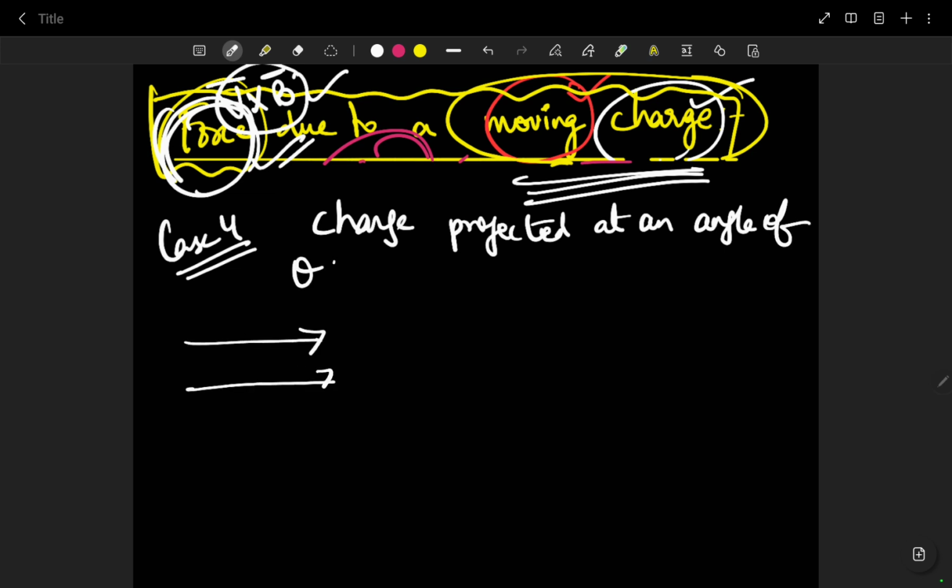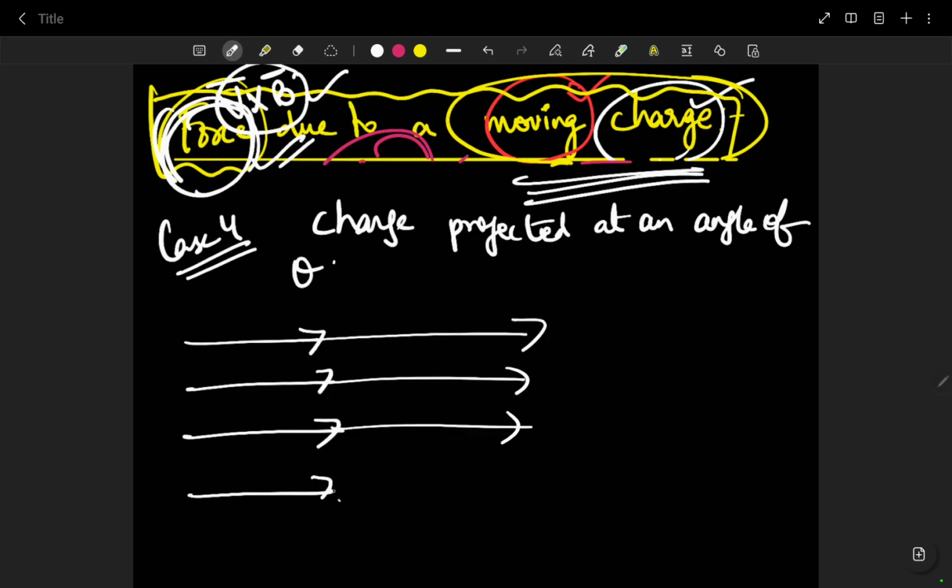So for example, this is the direction of magnetic field, and suppose this is the charge q, right? So this is actually with respect to the plane, you can just say that it is projected with some angle theta. Okay, so you know that this is the velocity at this point of time of this charge, and this is the resulting velocity, right?